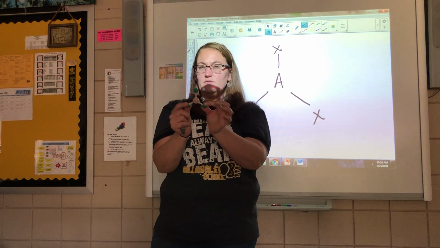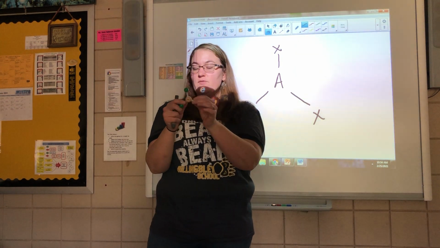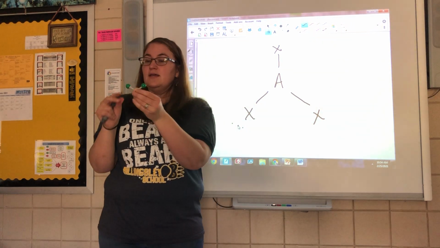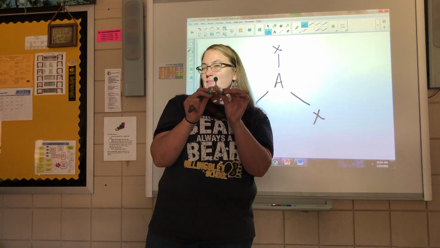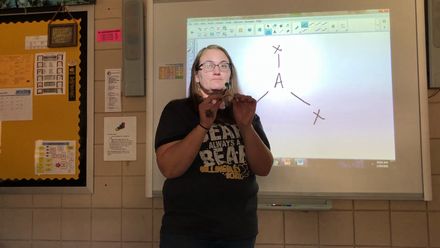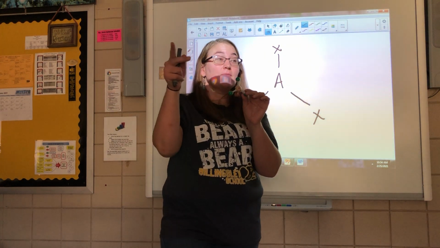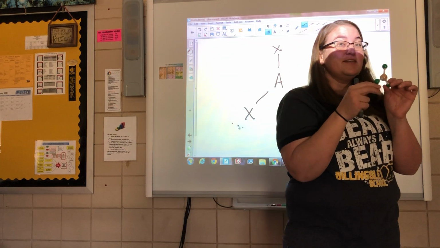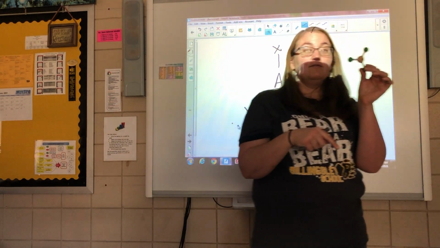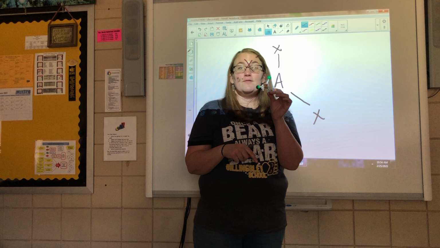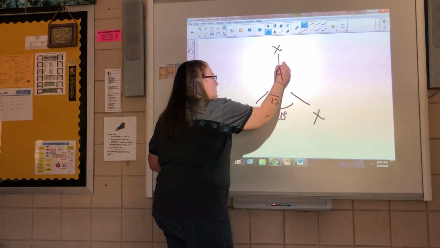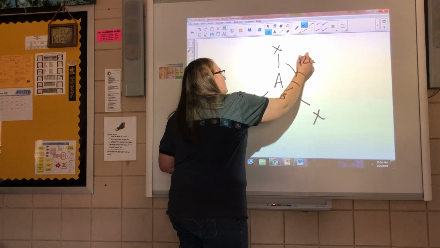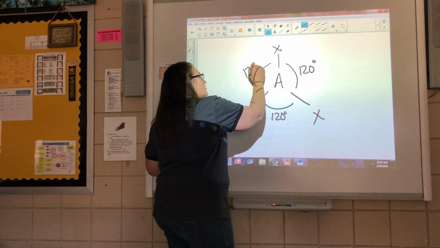Yes, they are equal because they're evenly spaced, and it's the same atoms here. So what do you think the bond angle is? 360 divided by 3 would be 120. So you've got 120 degrees here, 120 degrees here, and 120 degrees here.